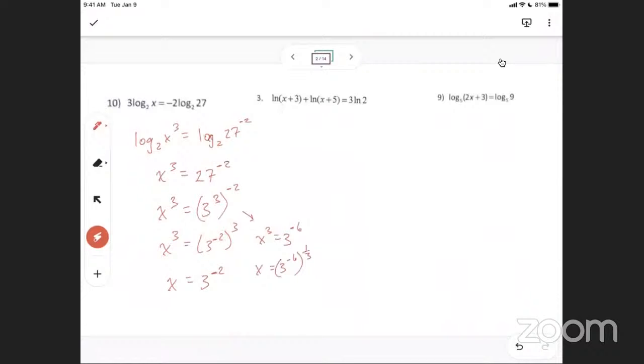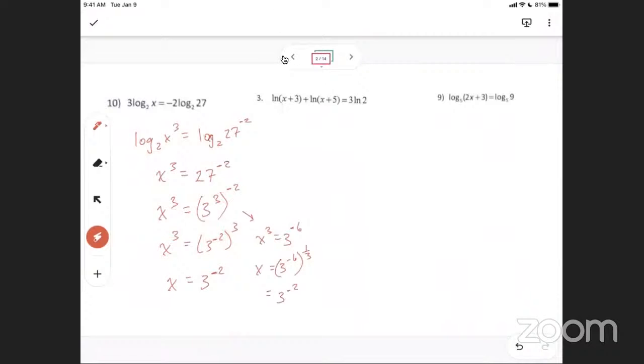You follow? Yeah. And then you could just multiply those together and you get 3 to the negative 2. Either way is fine. When I did this right here, in my mind, I was like, oh look, there's a 3 and there's a 3. So let's just swap these two. Yeah. Like that.